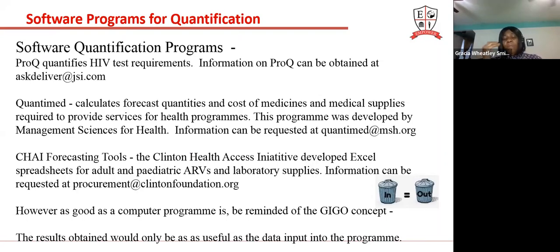However, even with the best software program, we have to remember GIGO: garbage in, garbage out. So we can see therefore that quantification is very dependent on our data.